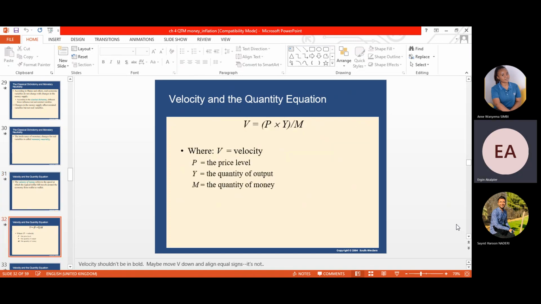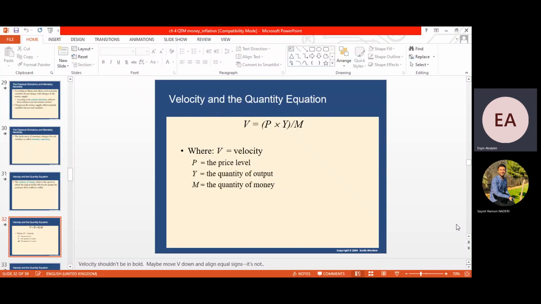When we are looking at this velocity or speed of money, it is, of course, when you know the quantity theory of money, M multiplied by V is equal to P multiplied by Y, where P is the price, Y is the output, M is the quantity of money, and what I didn't say, V is the velocity, which is the speed of money.